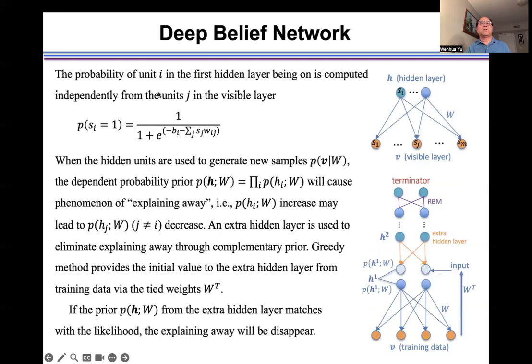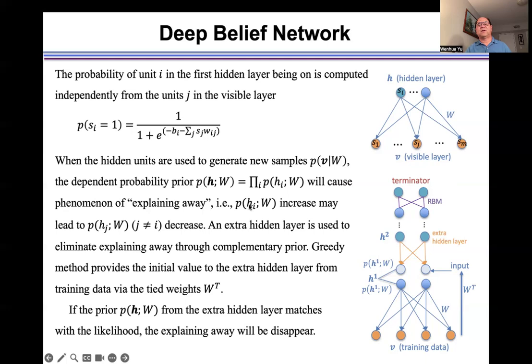The probability of a unit i in the first hidden layer being on is computed independently from the units j in the visible layer through this sigmoid function. When hidden units are used to generate new samples, the dependent prior being equal to the product of independent probabilities of h_i will cause a phenomenon of explaining away.